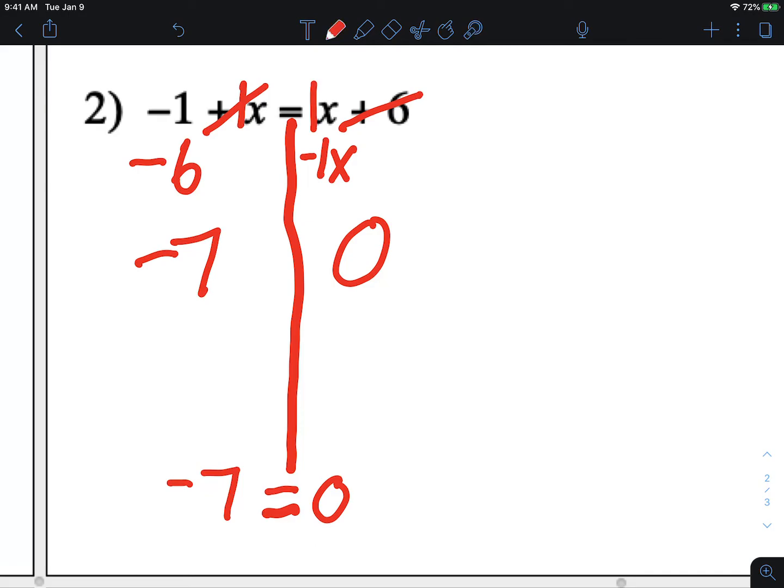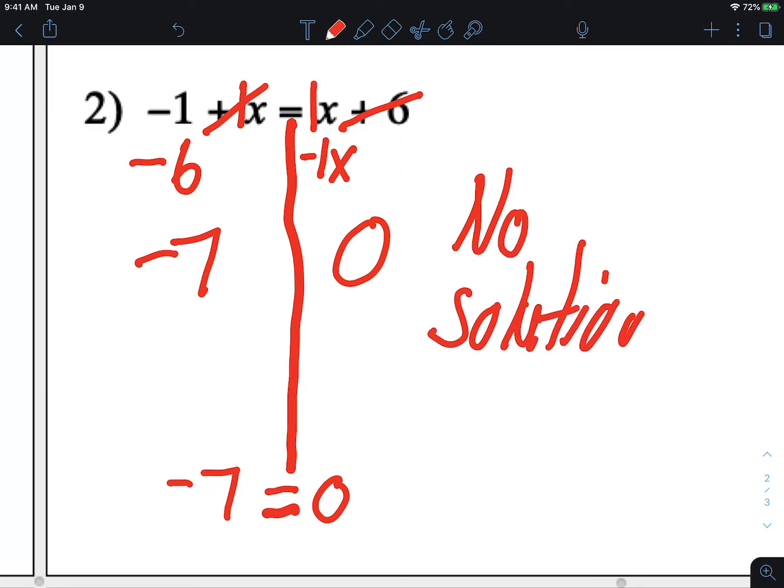So whenever you come across something like this, where you have a number equals a number that's not equal, the answer is no solution. That means that there is no number that we can plug in for x here that's going to make these equal. Nothing. There's no number that exists. It's no solution.